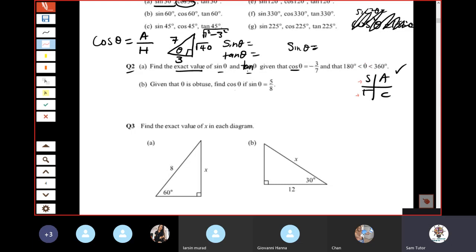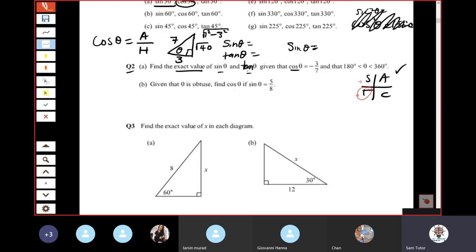But it's telling you the angle is specifically between 180 to 360. That means it's in which quadrant? A, S, T, or C now? If theta is between 180 and 360, it would be right there, because that would be 0 to 90 degrees, this is 90 to 180, this is 180 to 270, 270 to 360.